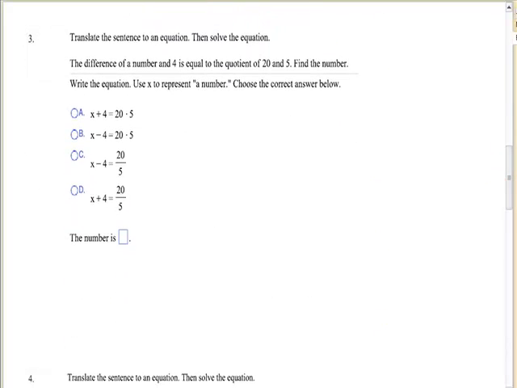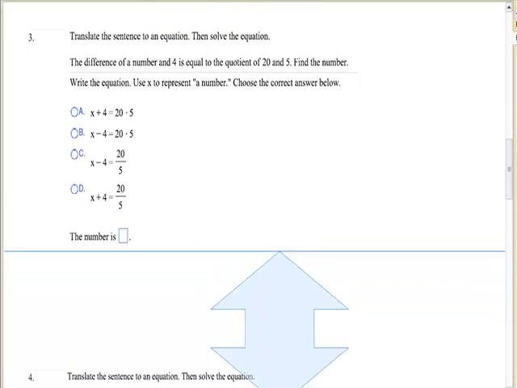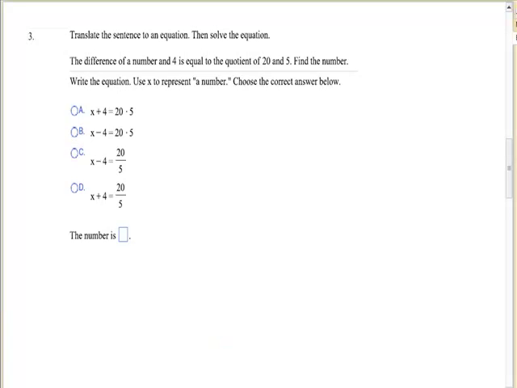Number 3. As the problems get a little more complicated, sometimes MathLab will have you select the right translation before you go on to solve it. And that's good. It gives you some feedback before you continue. All right, the difference of a number and 4 is equal to the quotient of 20 and 5. Find the number. All right, x is a number.